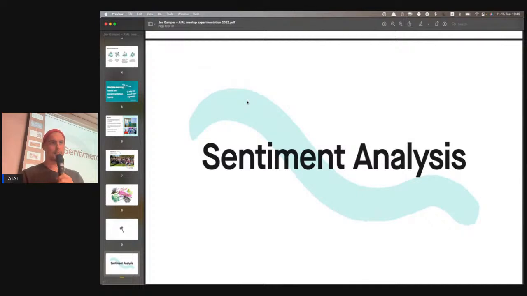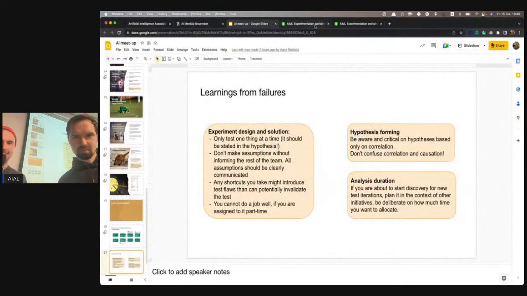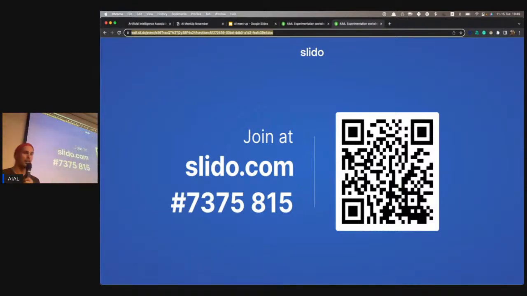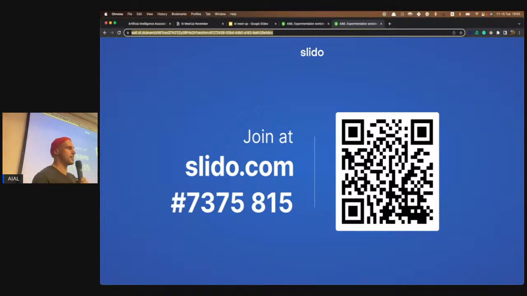What do I click? Get your phones out. Yeah, so there is the Slido. You can scan the QR code and there will be questions. Now remember, you're a data scientist and you're faced with a sentiment analysis problem.